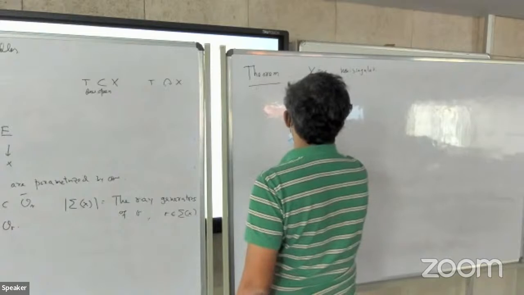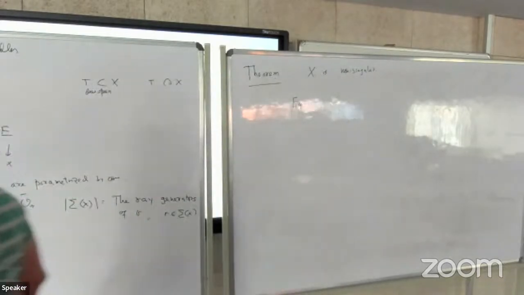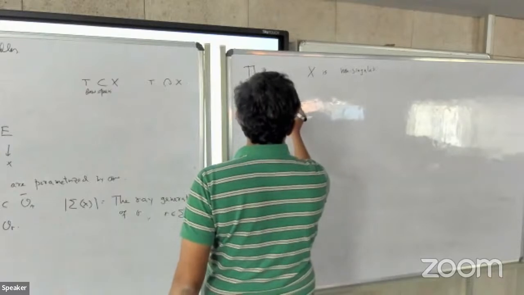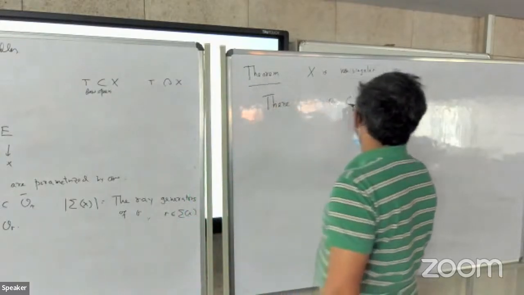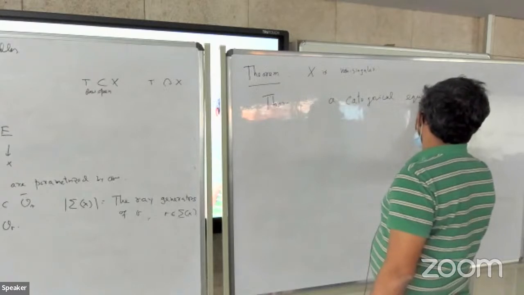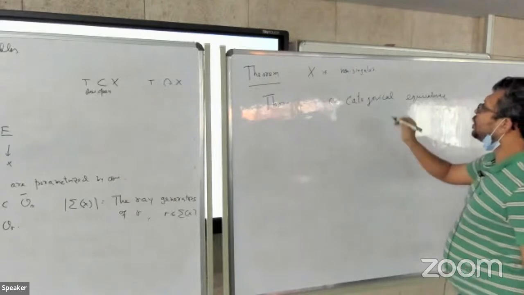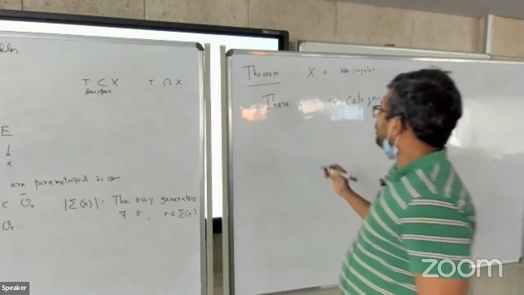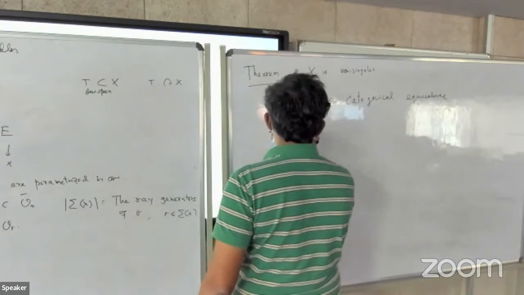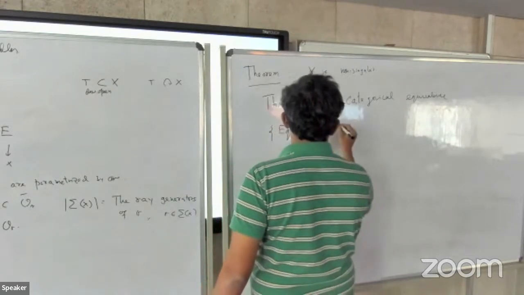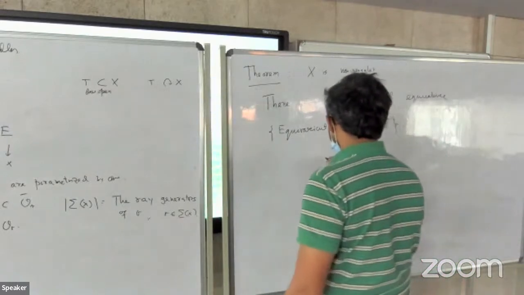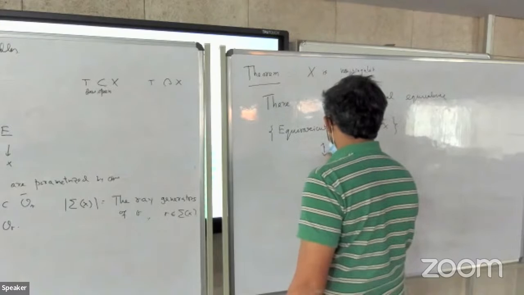Then there is a categorical equivalence between equivariant bundles on X and certain linear algebra data.